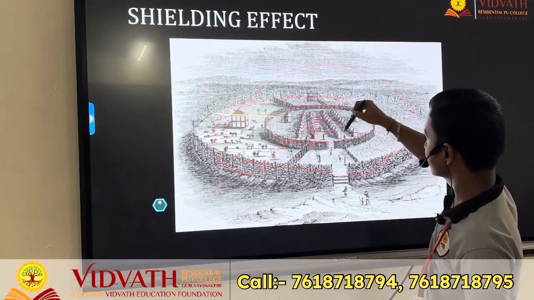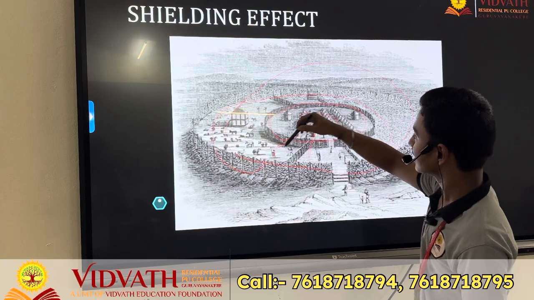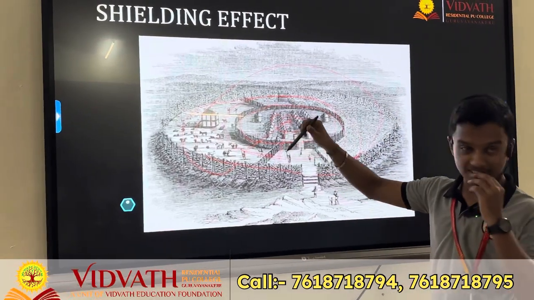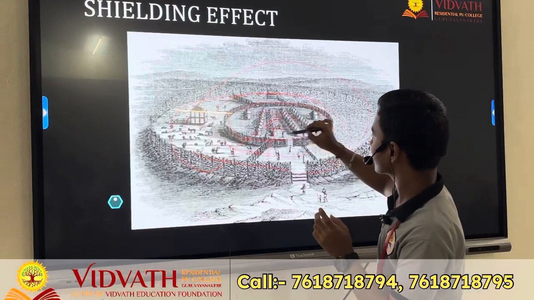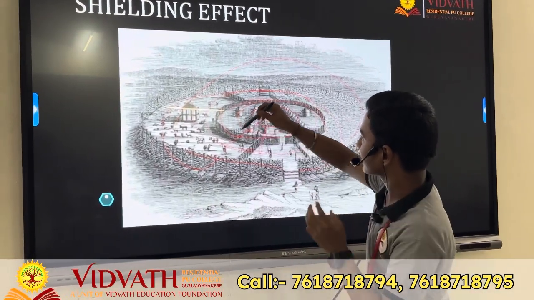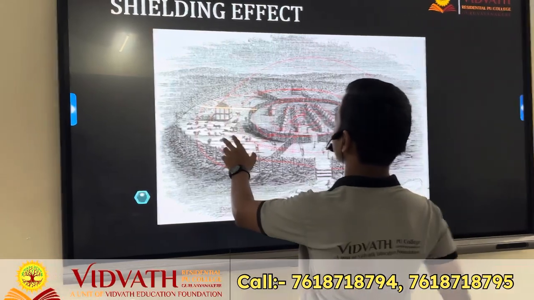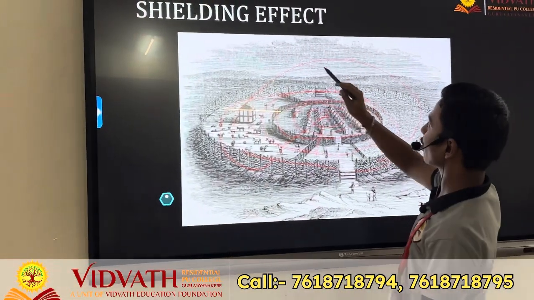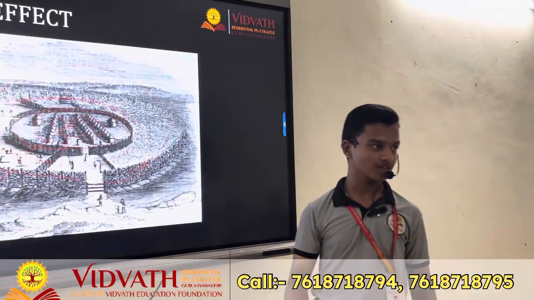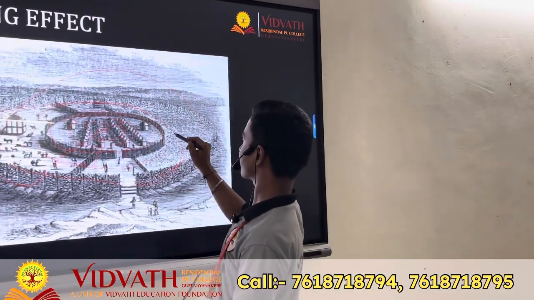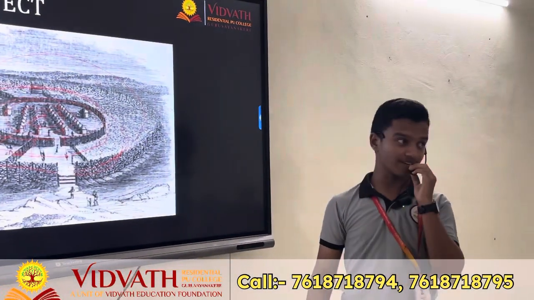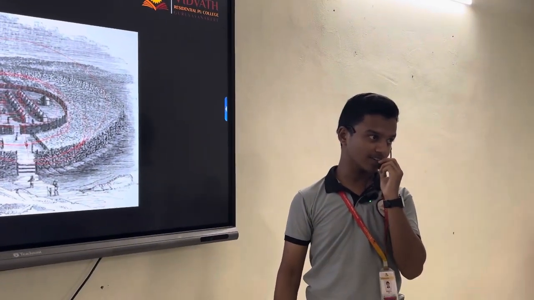They shield these inner electrons so that the inner electrons get lesser attraction from the nucleus, because they are shielded by the outer electrons, so they get the least effect from the nucleus. We call that the shielding effect, which is nothing but a barrier between the nucleus and the electrons. The inner electrons behave like a barrier. That is what is meant by the shielding effect. Any confusion? Is repetition needed?